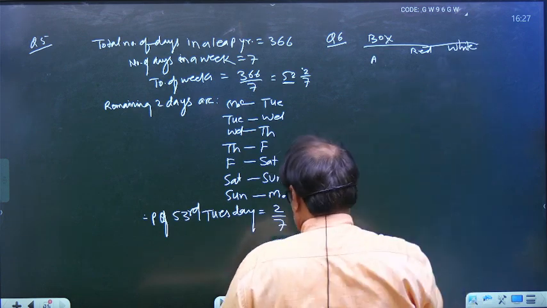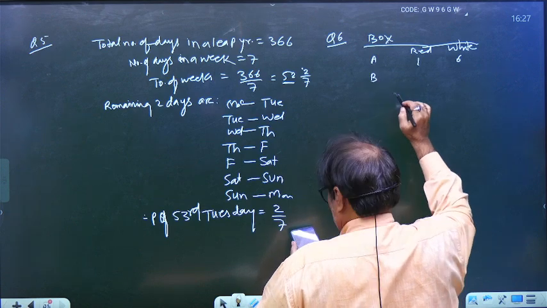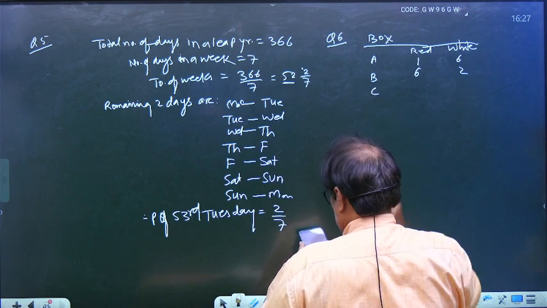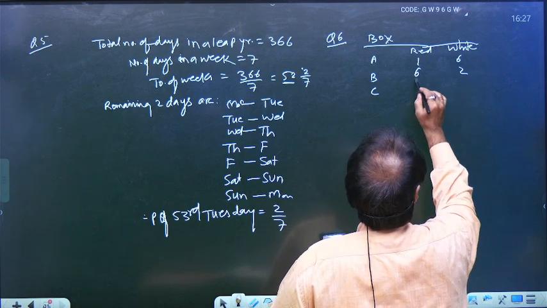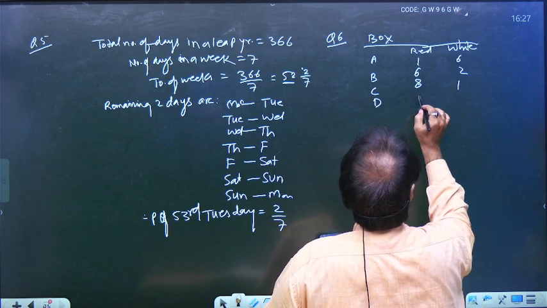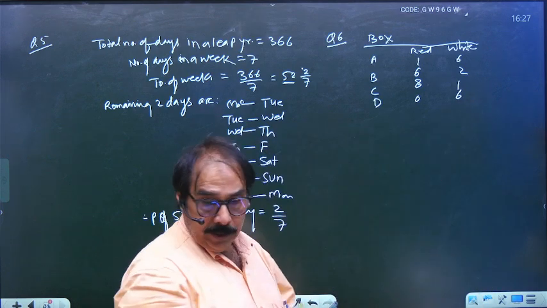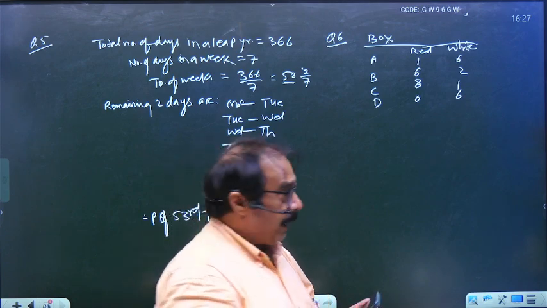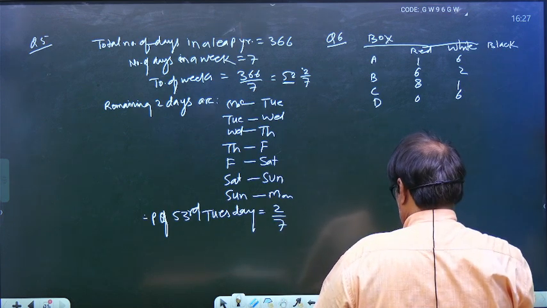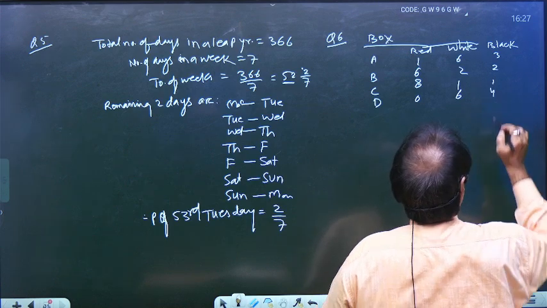Box A has 1 red and 6 white, box B has 6 and 2, box C has 8 red and 1 white, and box D has 0 red and 6 white. Black is also given: 3, 2, 1 and 4.